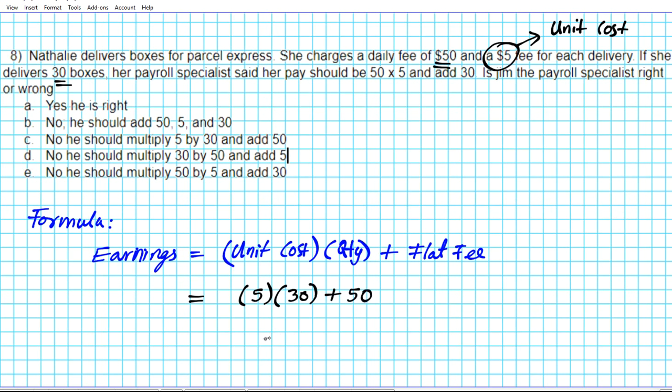Basically, what the payroll specialist should do is multiply 5 by 30, which is the total cost for 30 deliveries, and then add the flat fee per day, which is 50. So the answer is option letter C.